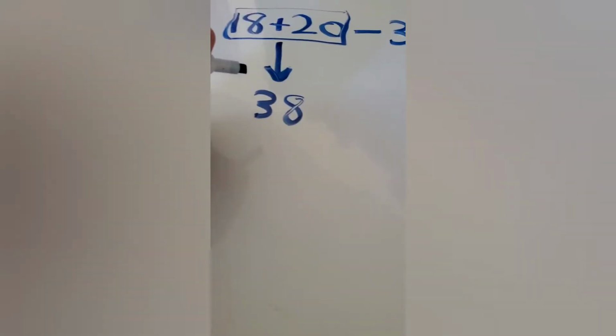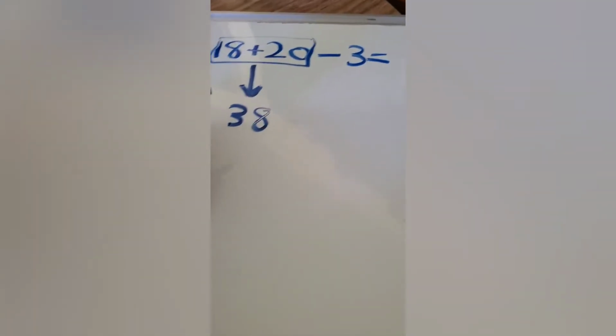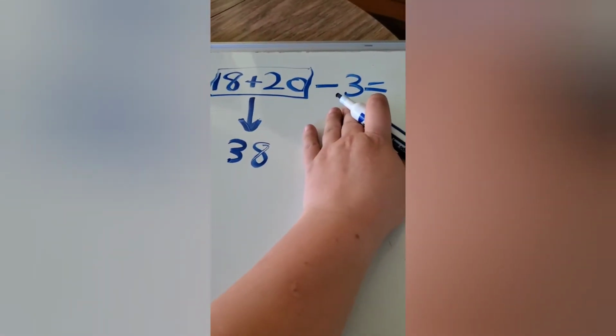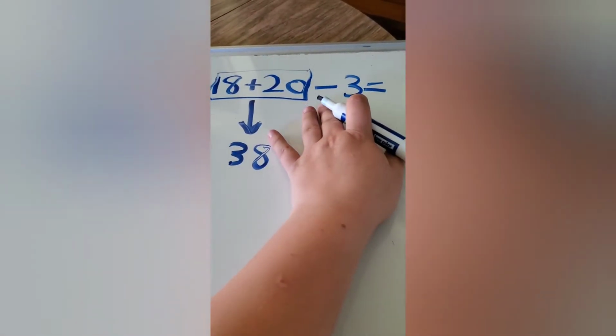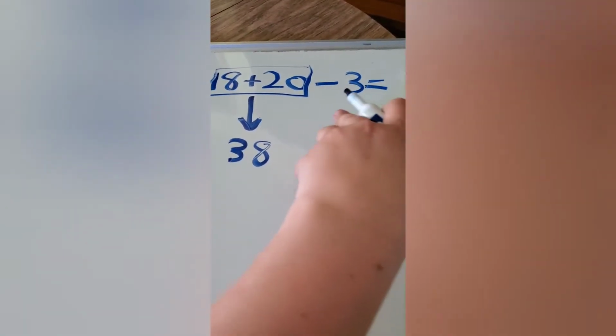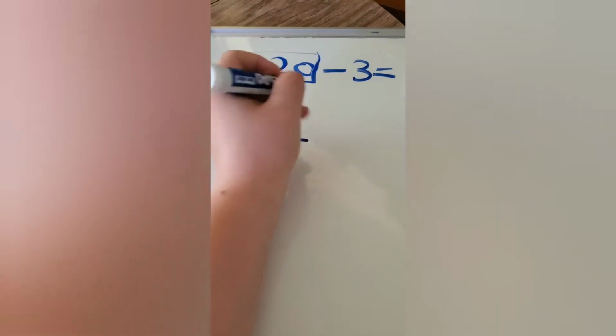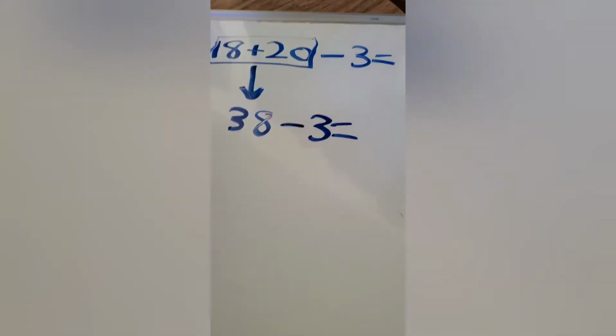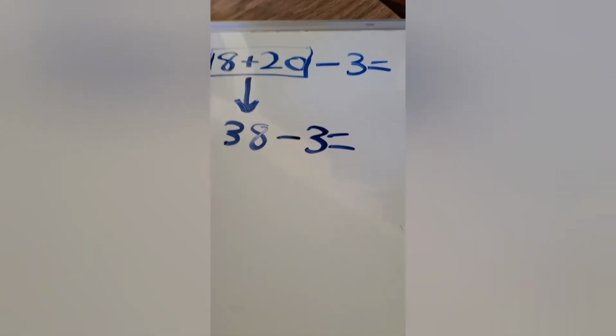All right, so now that I have 38, what do I have to do next? Right, I have to take the next part of my number sentence here. I have to take the subtraction sign and the 3 and the equal sign down below to finish this up. So 38, take away 3 is what?